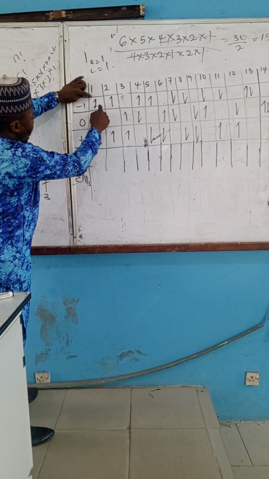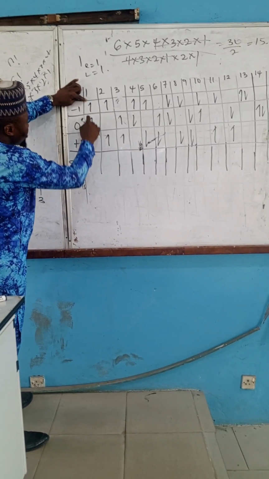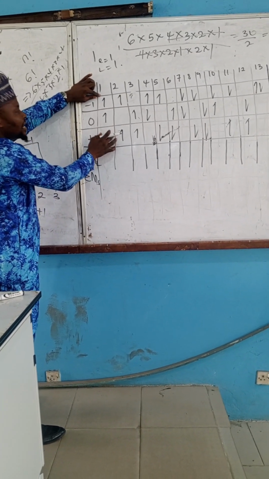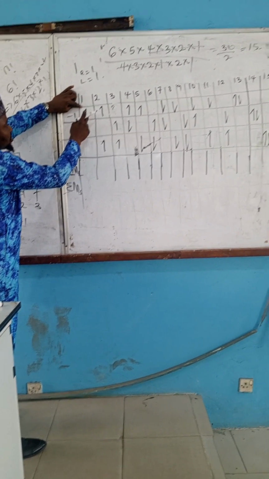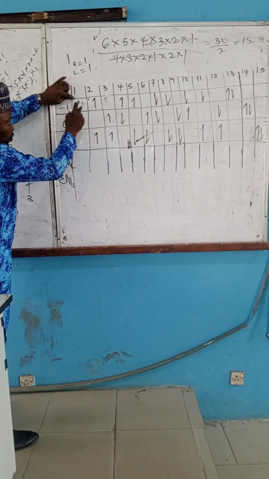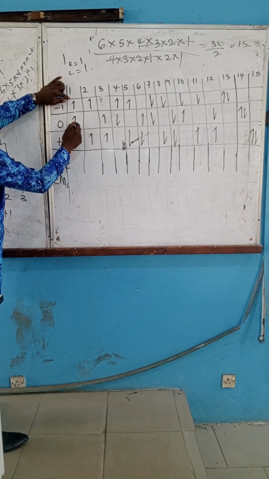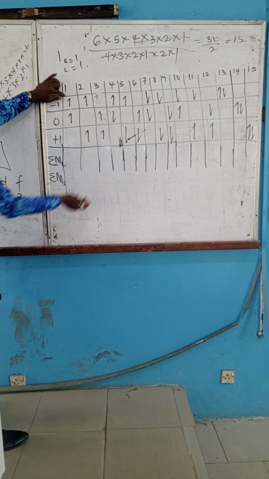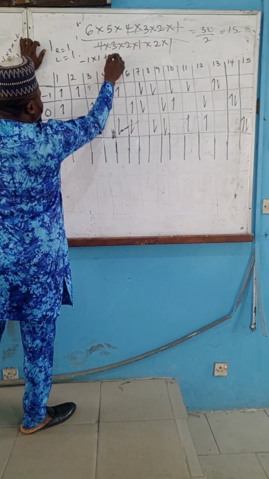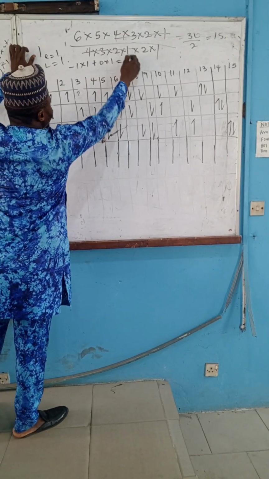When we say summation, it means that you are adding the ML together. Minus 1 times 1, or how many of these do we have in 1? But when you are multiplying it by 0, what do you have? 0. That is minus 1 times 1 plus 0 times 1. That gives you minus 1.